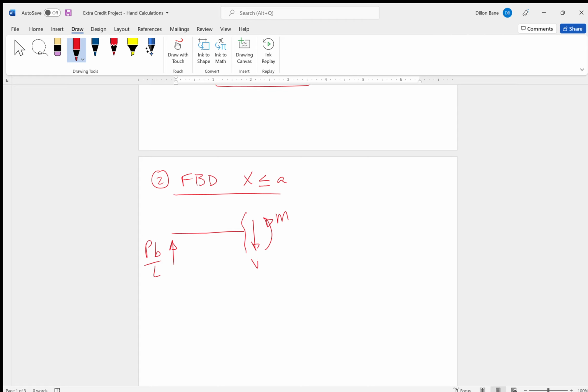If we were to sum forces in the y direction, what we get then is that V equals PB over L. All right. And if we sum moments about the cut, what we get is that our moment comes out to be PB over L times X. Okay. So that is the shear and moment equations for when X is less than A.